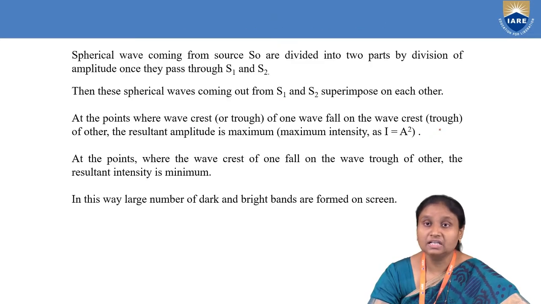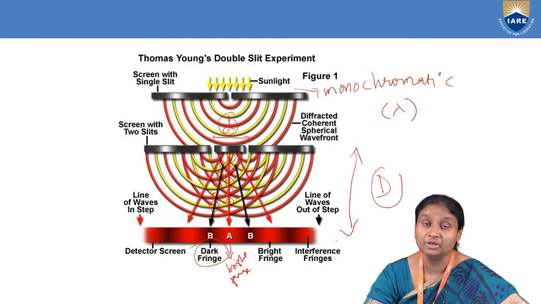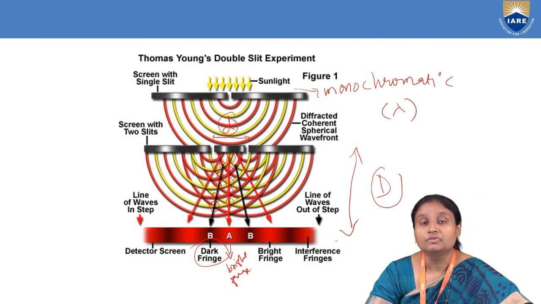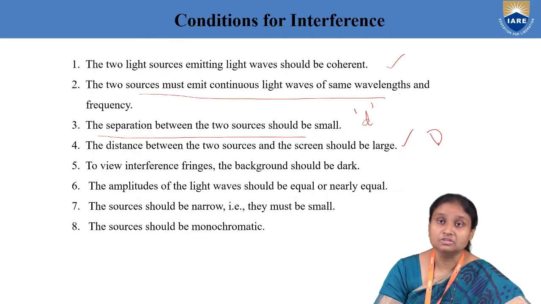As we have seen in our previous figure, capital D is the distance of the screen from those two virtual coherent sources, and we have to maintain this D to be very large. Whereas the distance between those two virtual coherent sources, represented by small d, should be very, very small.